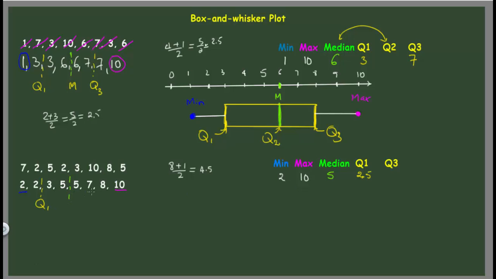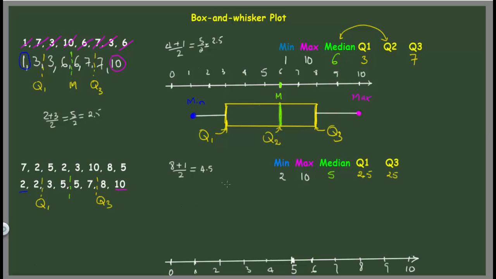And our third quartile, Q3, would also be 2.5 away from the ends. Okay, so as you can see, we have everything, so we can just figure out our number line and plot our box and whisker diagram.